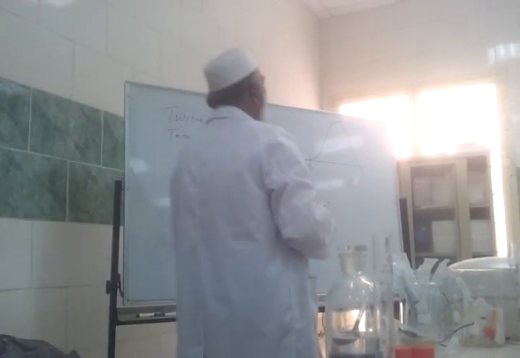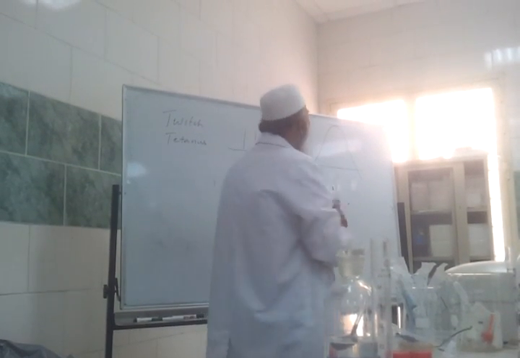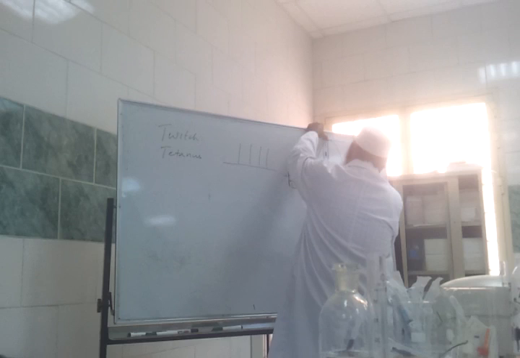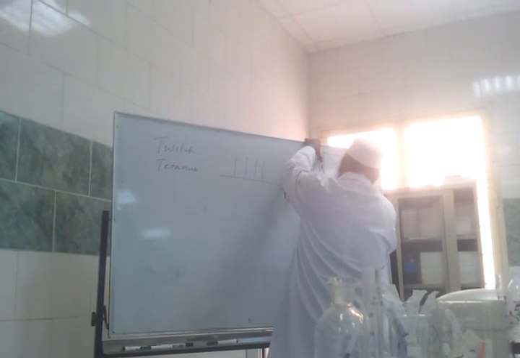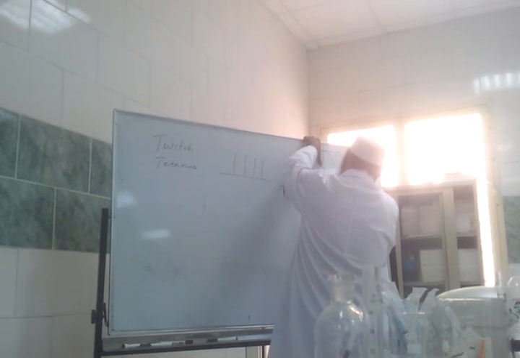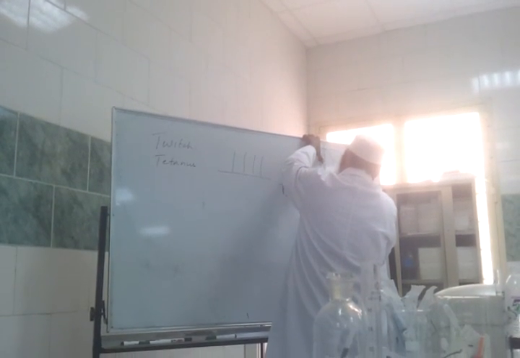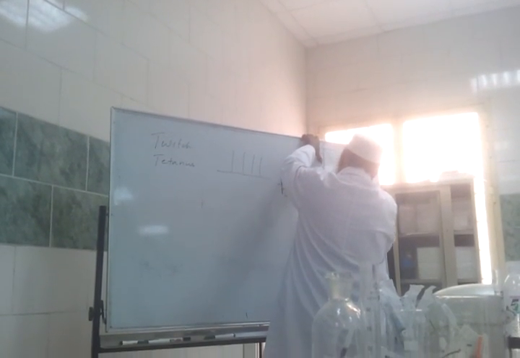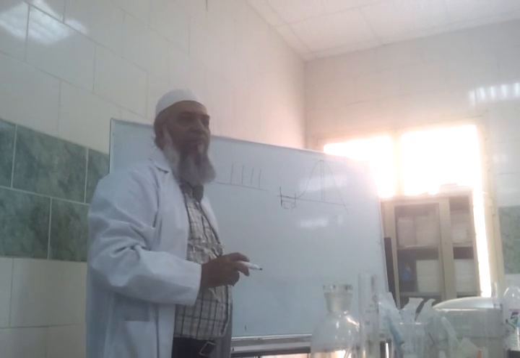So the point from where the curve is separating from the top line, we will mark 2 points, and then we will join these 2 points with the baseline.